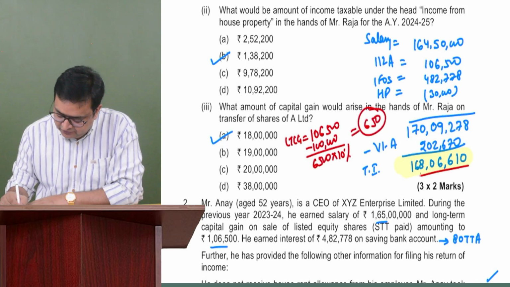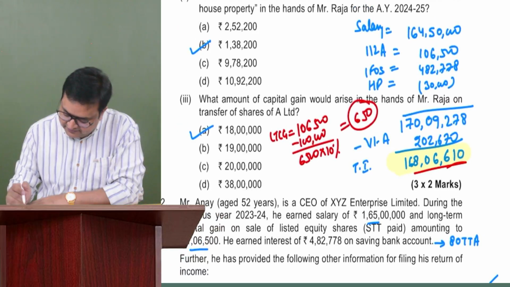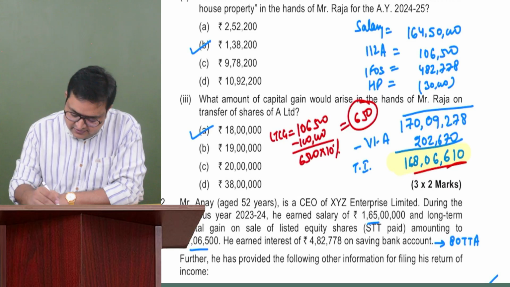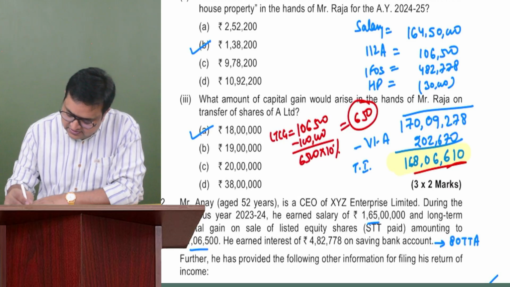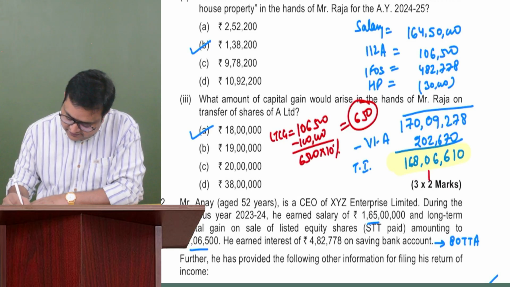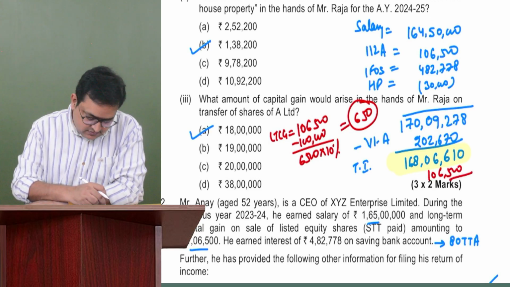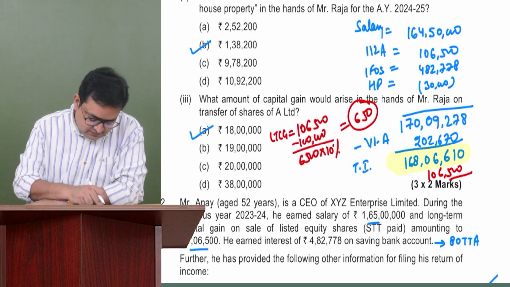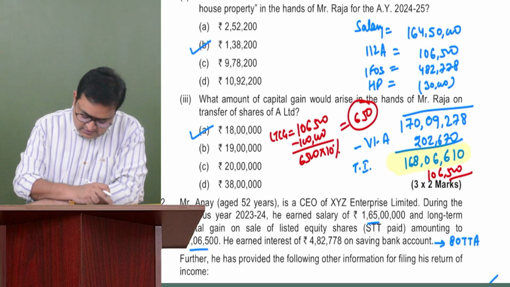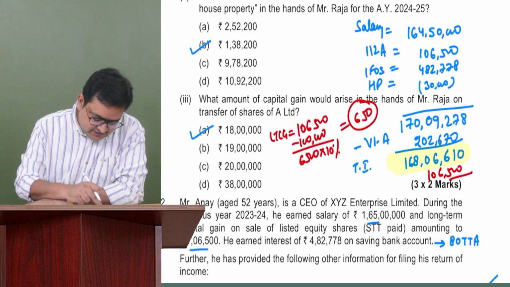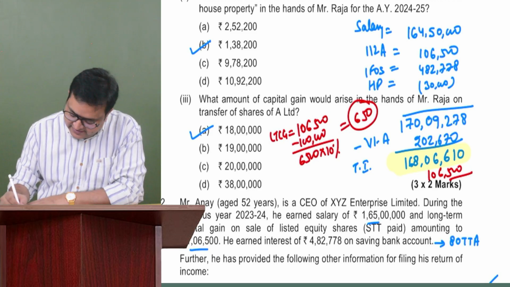And what would be the tax on the remaining amount? First of all, deduct the LTCG of 106,500 from 16,806,610.